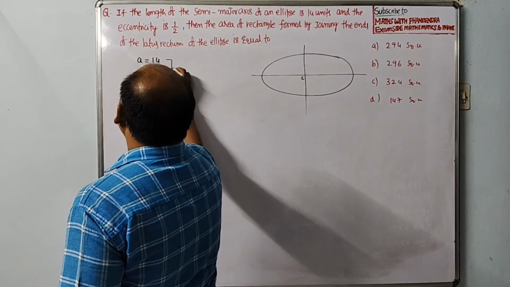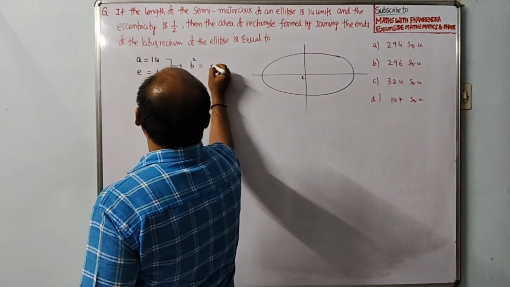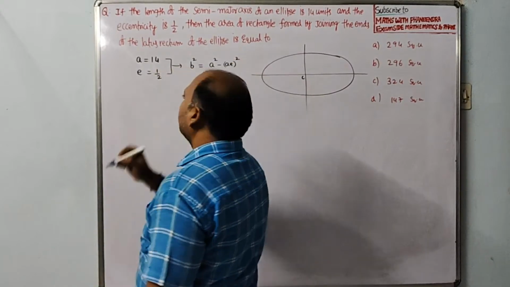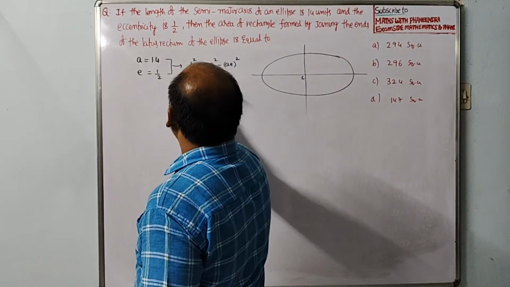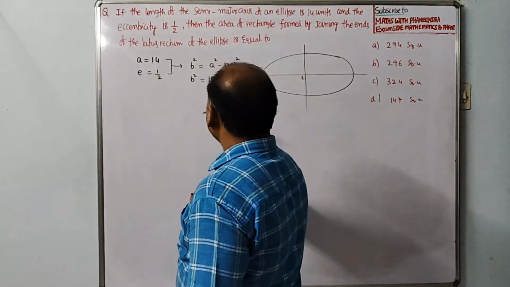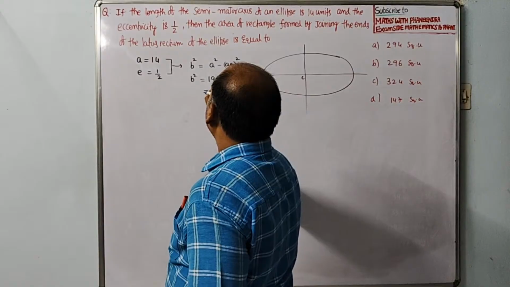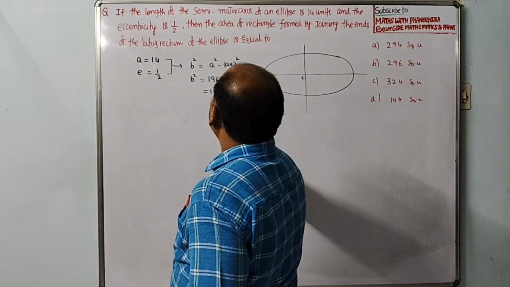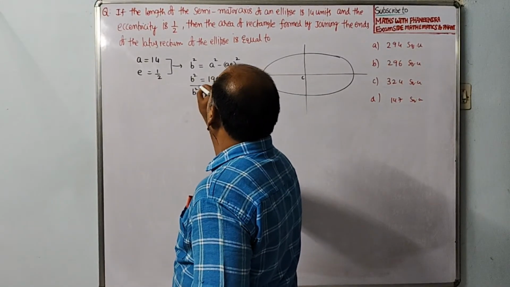Whenever A and e are available, we can calculate the B square value. B square equals A square minus AE whole square. So B square equals A square, which is 196, minus 14 into 1 by 2, which is 7, and 7 square is 49. So it is 147. Right, the B square value we got.